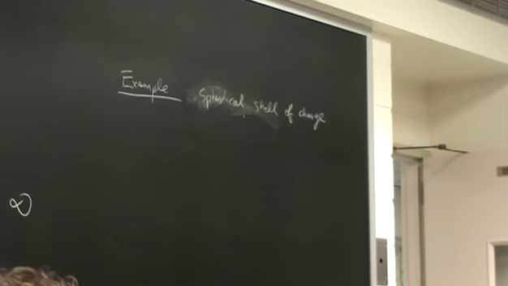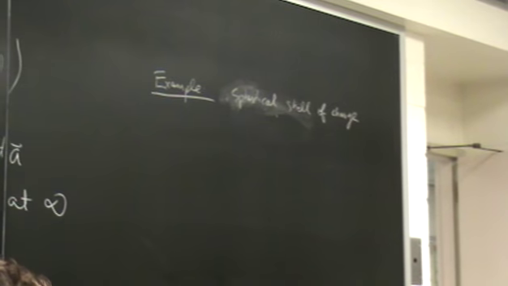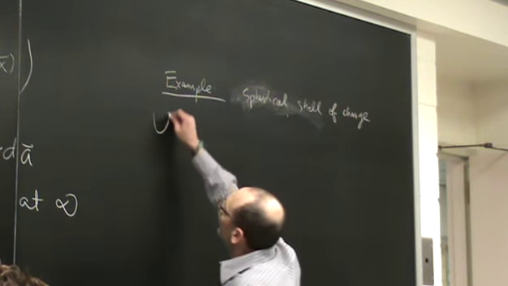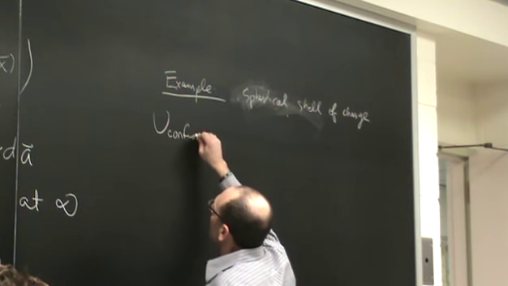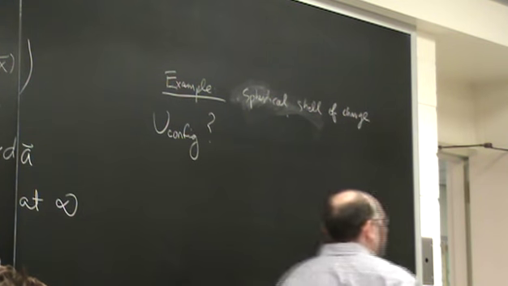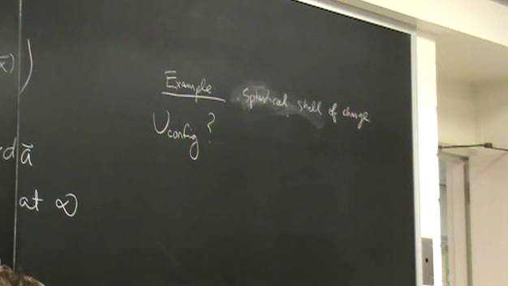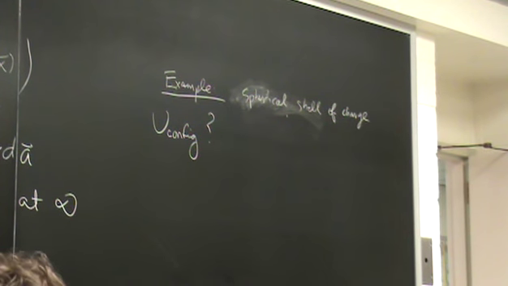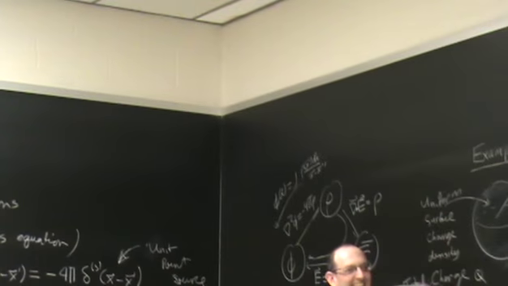We have two different ways in which we might calculate. The question is, what is the energy necessary to take the charge in from infinity and put it onto that surface?